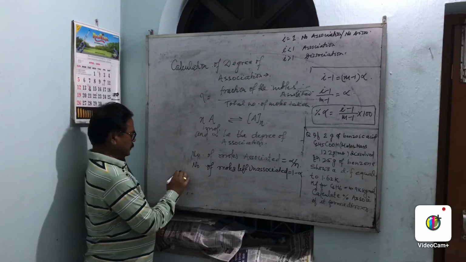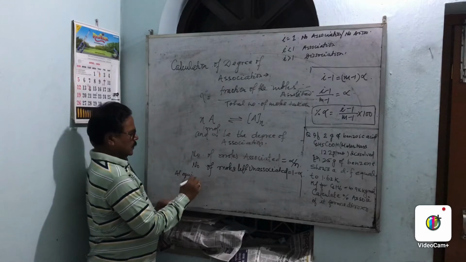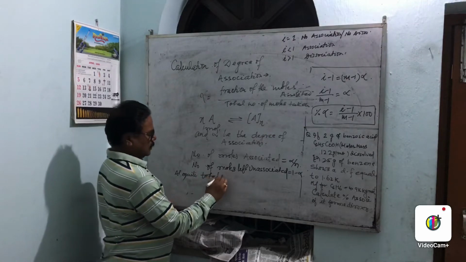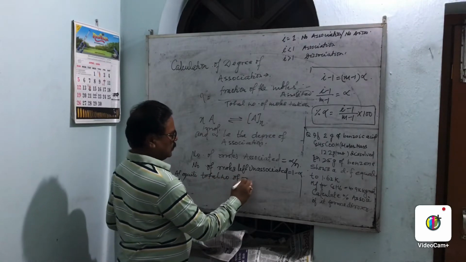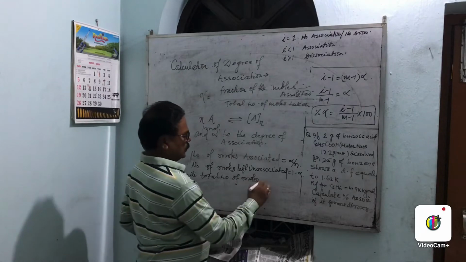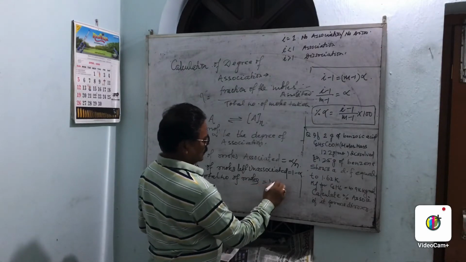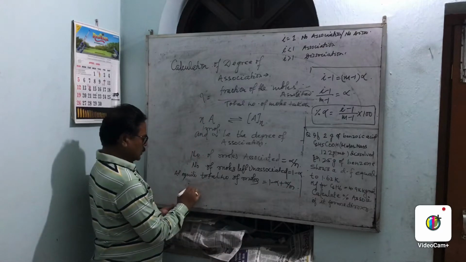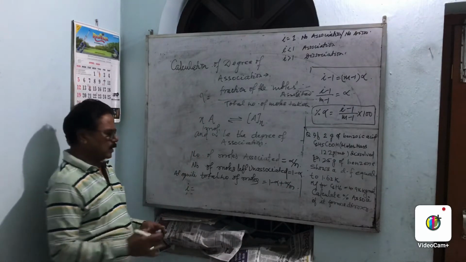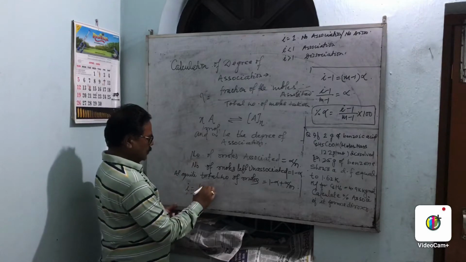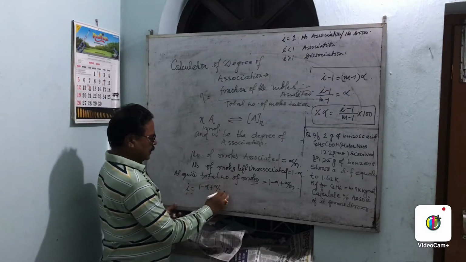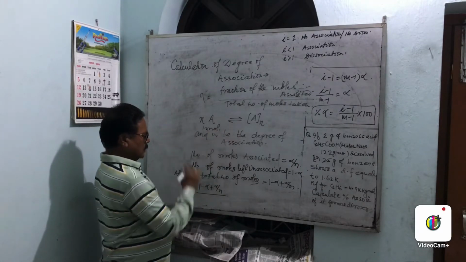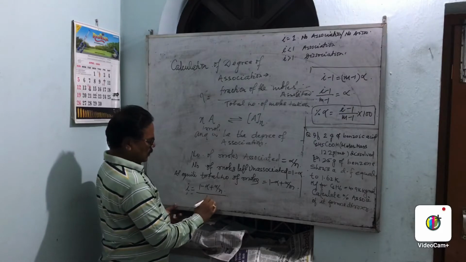At equilibrium, total number of moles is equal to 1 minus alpha plus alpha by n. So i is equal to, similarly, the observed value of the colligative property, that is 1 minus alpha plus alpha by n, over the normal or calculated value, that is the initial moles taken, or 1.